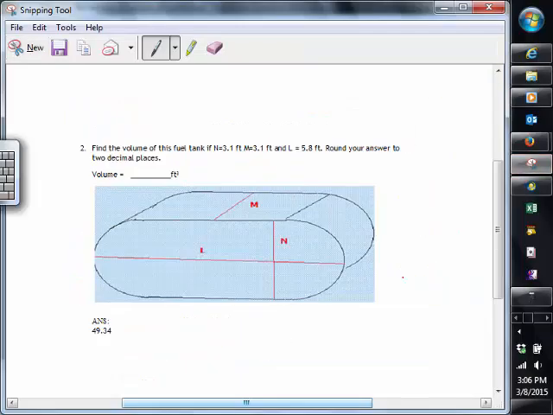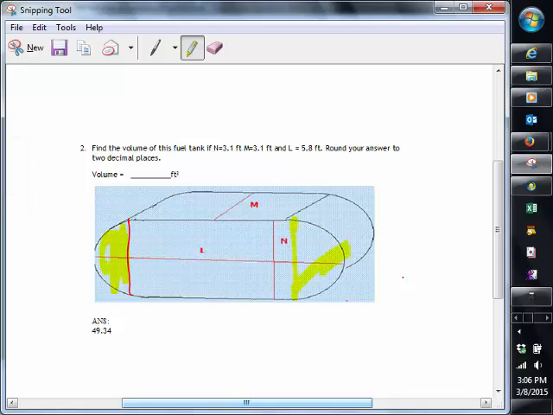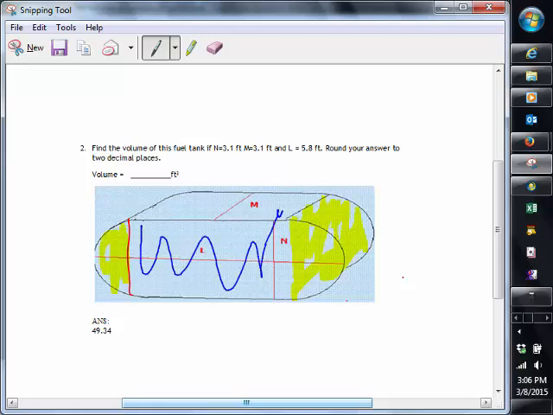Okay, we're going to treat this as a cylinder, which would be the left and right ends, this part and this part, with a rectangular prism in between it. Okay, so let's get the cylinder first.